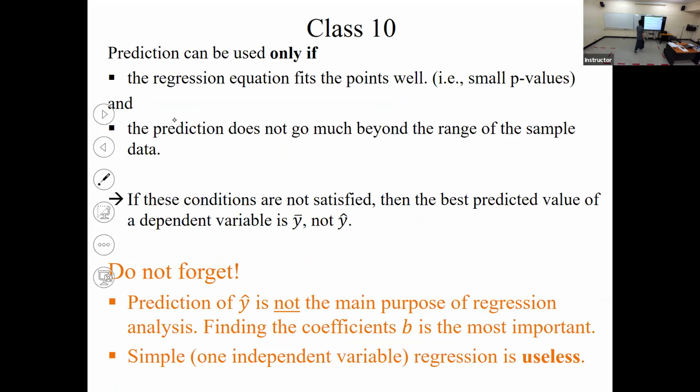Of course, when you want to do prediction, the coefficients have to be significant, first of all. If the slope coefficient is not significant, then you cannot do prediction, because that means there's no relationship between x and y. There's no way you can predict y from x. So that is the basic requirement. The result has to be significant, with small p-values, and you do the prediction within the actual data range.